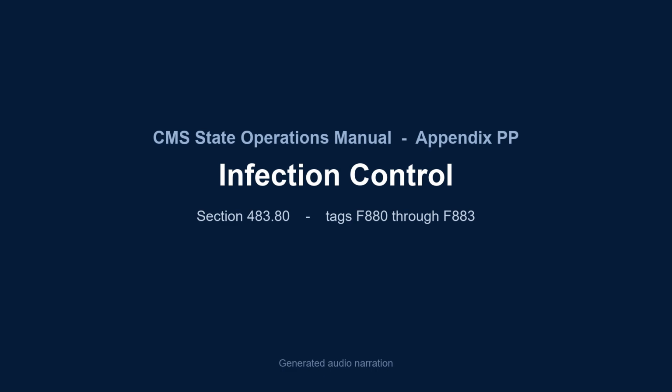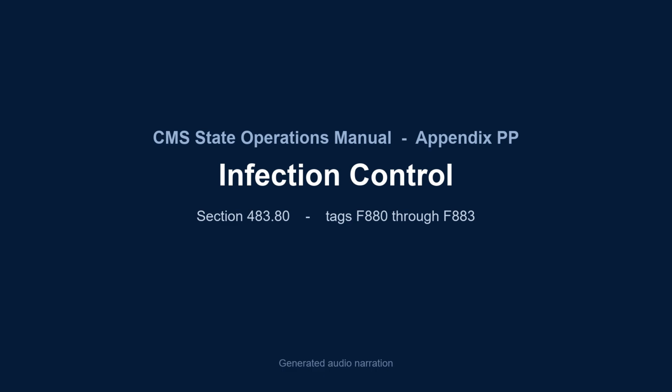Potential tags for additional investigation. F838 for concerns related to the facility assessment. F867 for concerns related to the QAA committee's responsibility to identify or correct quality deficiencies, which may include systemic infection control concerns. F868 for concerns related to the QAA committee to include the IP's participation.